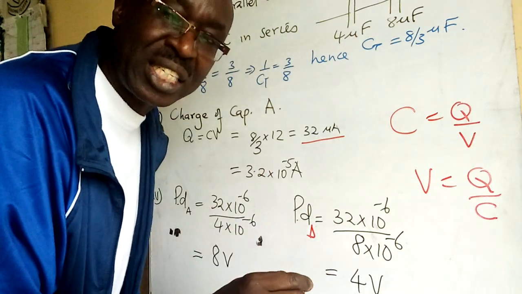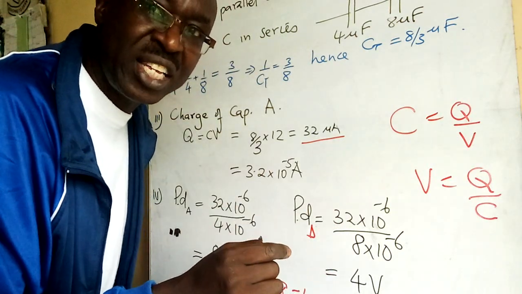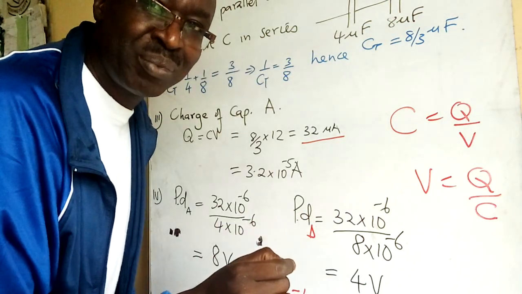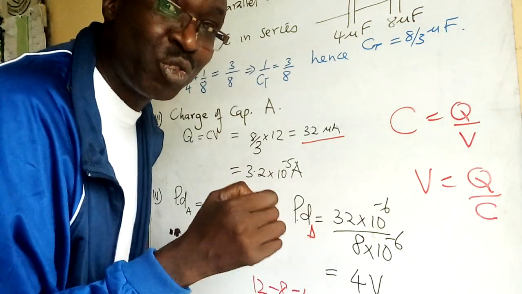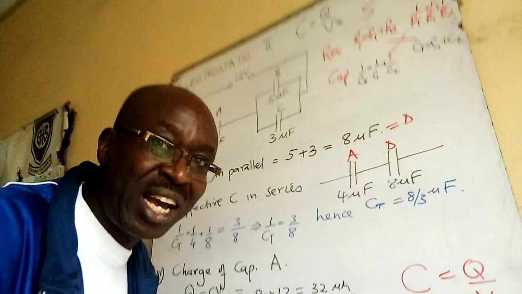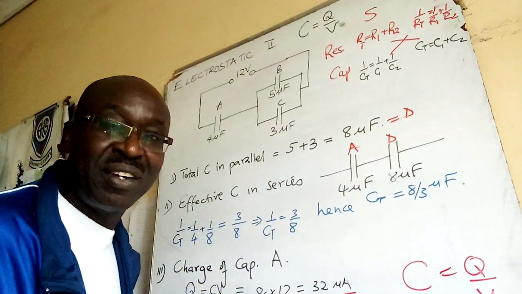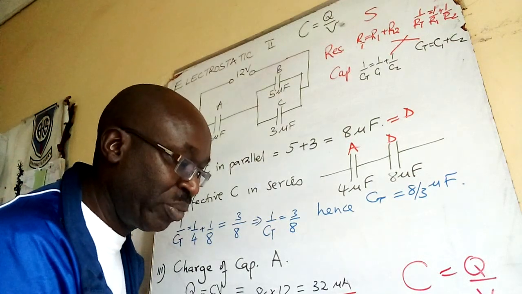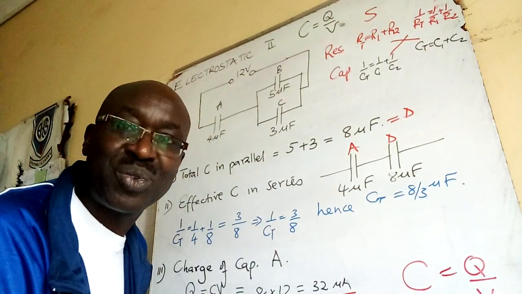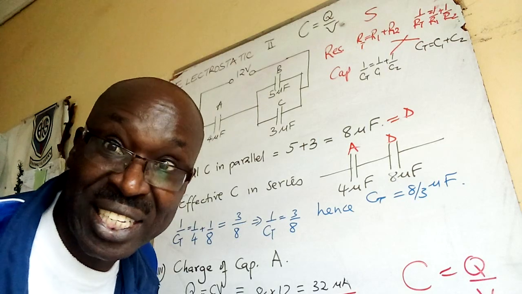What was the capacitance that replaced B and C? That is the capacitance of D. Focus again up. It was 8. So I divide by 8. 32 divided by 8, you get 4. Of course, these ones will cancel. So we are very right.